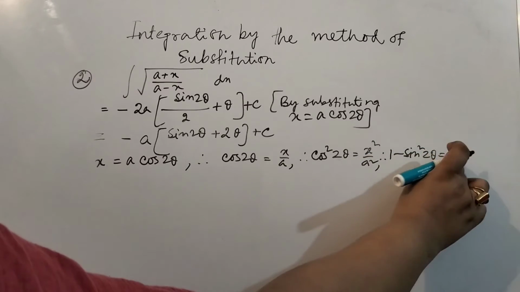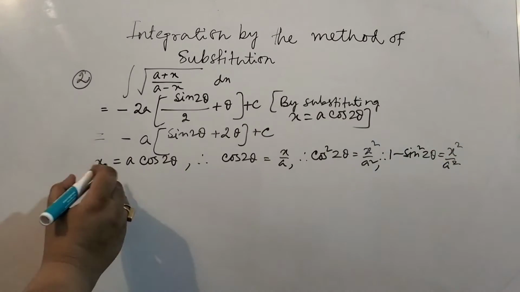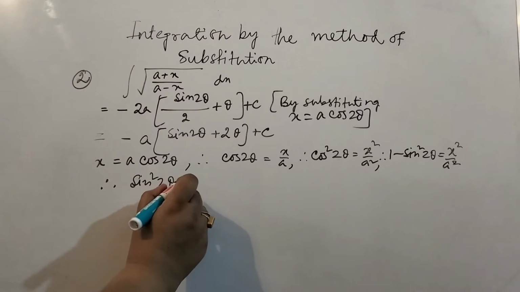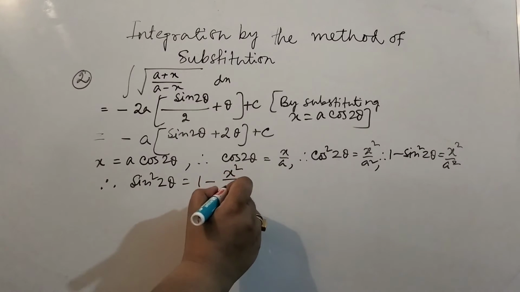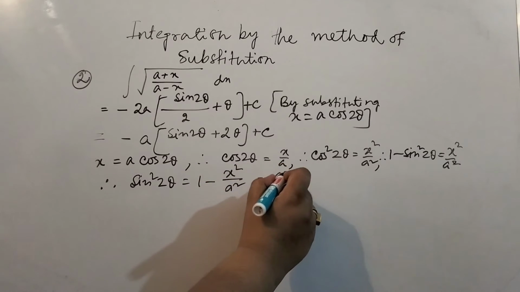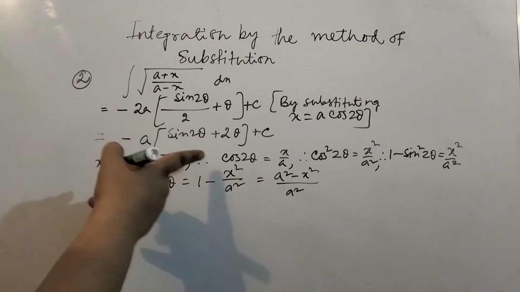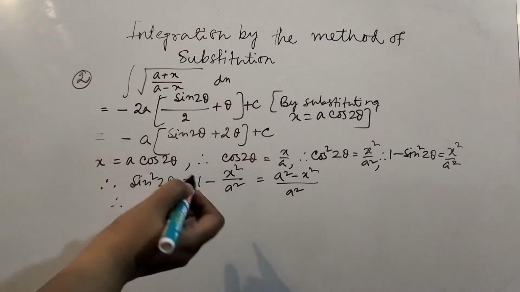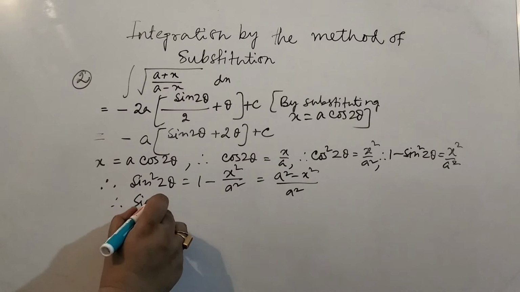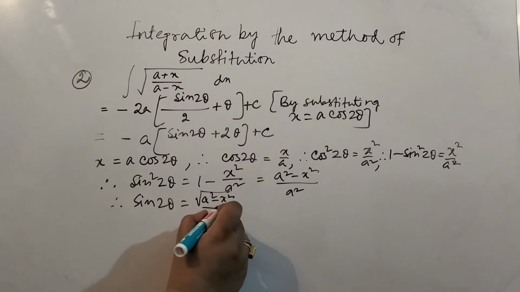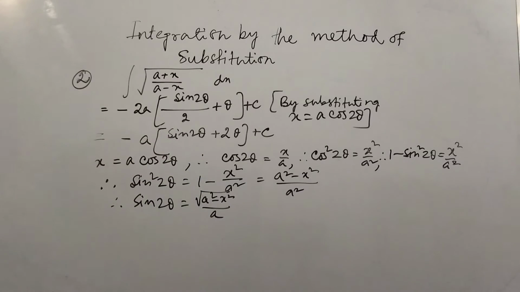Okay. So from this we can get sine square 2 theta is equal to 1 minus x square by a square, which will be (a square minus x square) by a square. So this is sine square 2 theta, but we need sine 2 theta. So we have to find out the square root to both sides. So sine 2 theta will be equal to root over (a square minus x square) by a, and hence sine 2 theta is represented in terms of x.